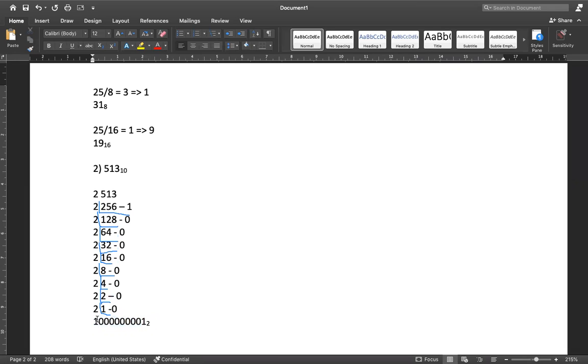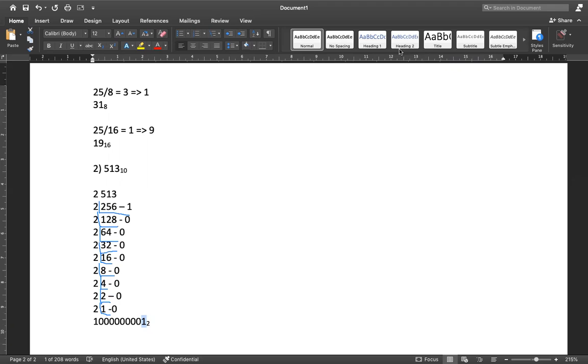Then you can see this is 512 and this is 1. So that is also correct. But if you miss this 0, it will give the wrong answer. Understood?